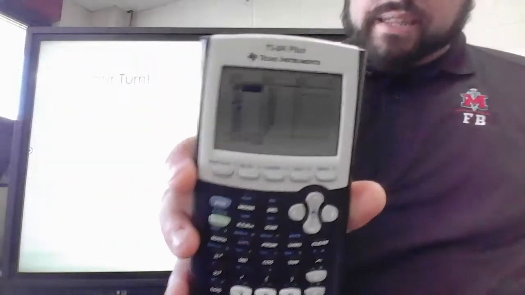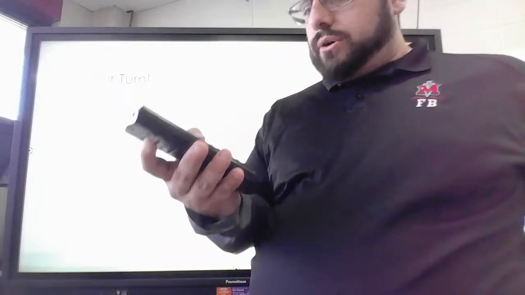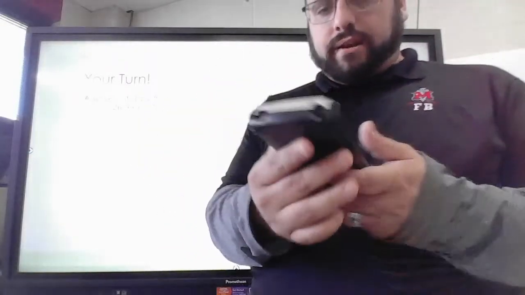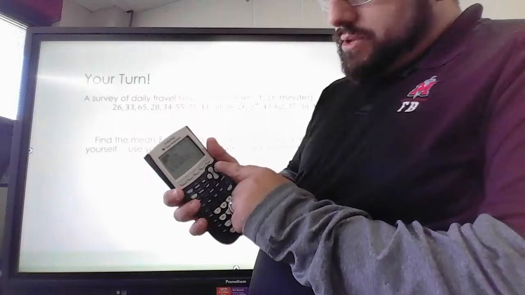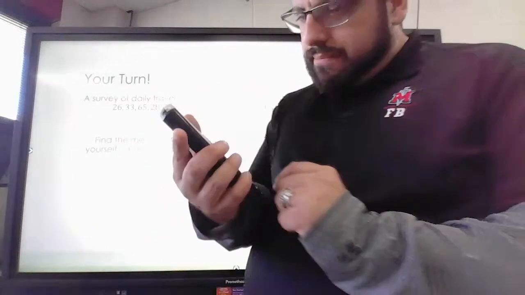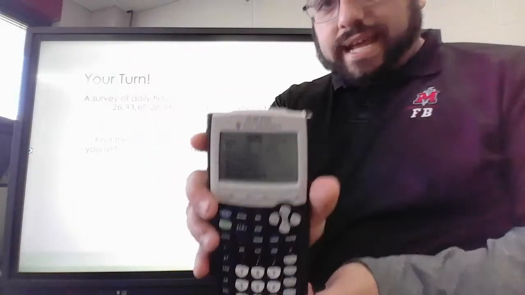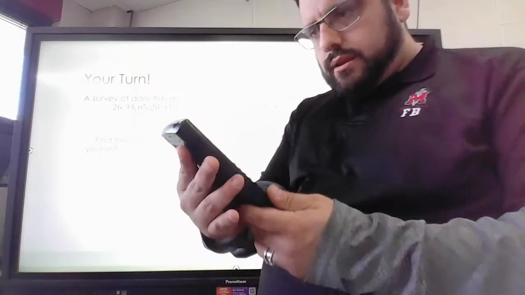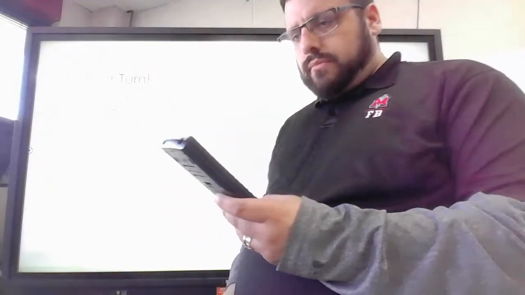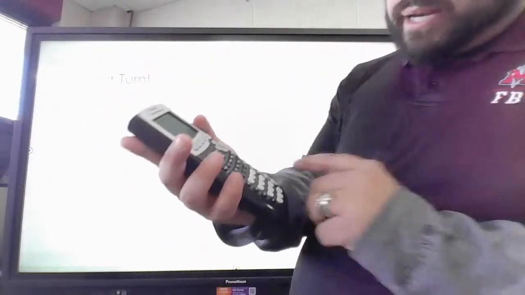With the stat button, if I go to edit, here in L1, I've already typed in the data, okay? So you just type in all of your data set here, and when you're ready, you press the stat button again, scroll to the right one time, where it says one variable stats, number 1, that's what you're gonna choose. And so my list here is L1, I'm gonna keep that as my list.